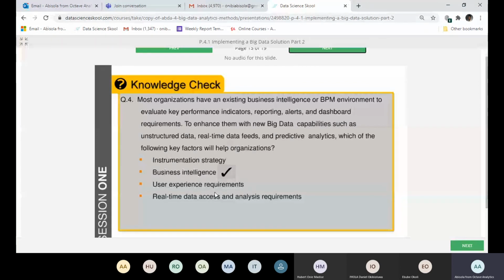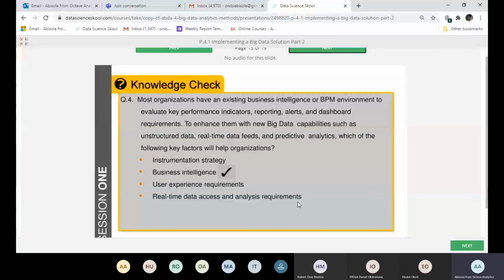User experience requirements, no. You are not trying to check what the in-house customers, that is the employees, want at that particular point in time. Real-time data access analysis requirements, no. You're not looking for the requirements of the organization, or checking how you can access their data.